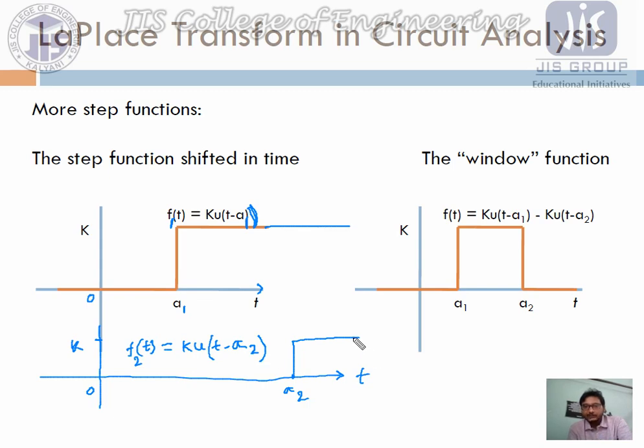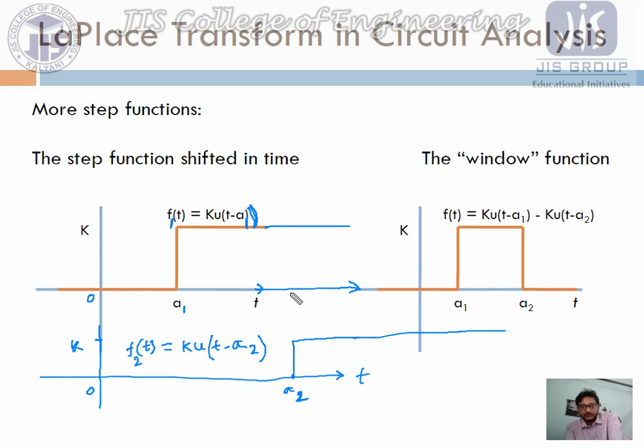Now this function also continues for whatever time value t greater than a2, and obviously a2 is greater than a1. Now if we subtract this function at a2 time, this function is continuous, no problem at all.